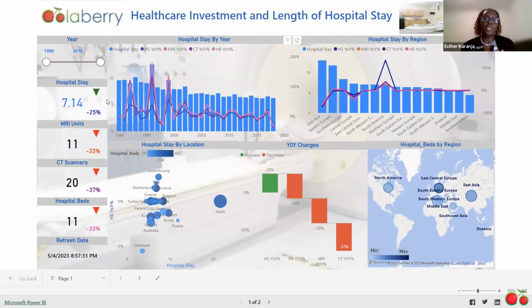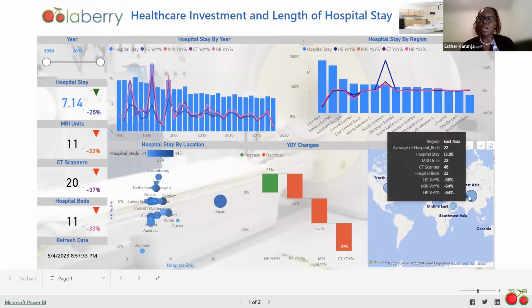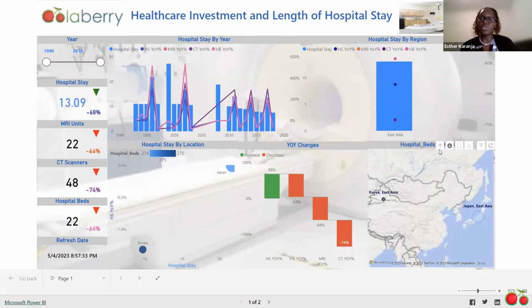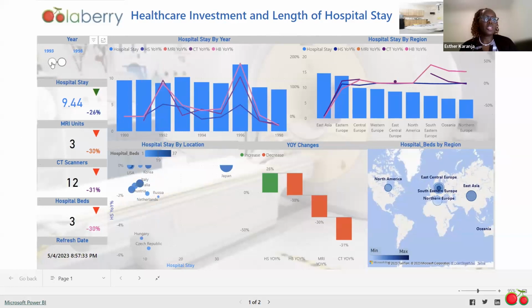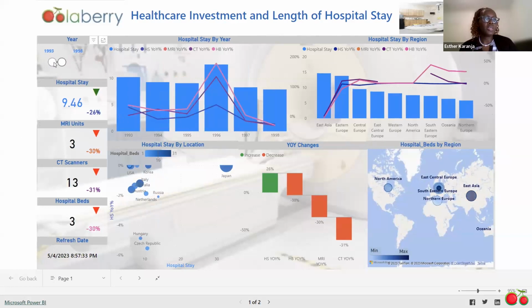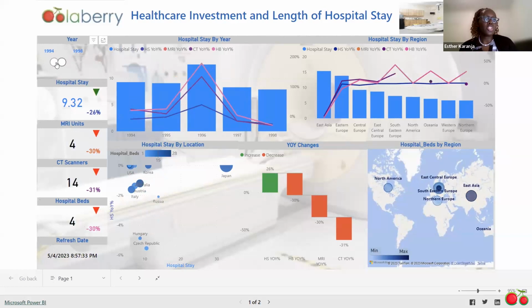When there's an increase, more than 0 days, it changes to red. The last chart is hospital beds by region, and with this map you can drill down to specific locations you want to view. Now, I'm going to focus my presentation on 3 major years that showed significant changes.